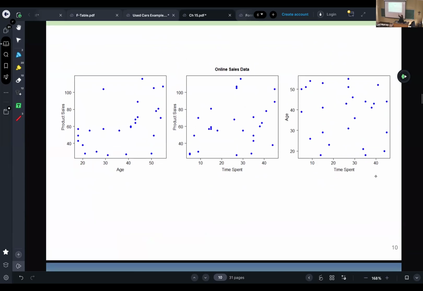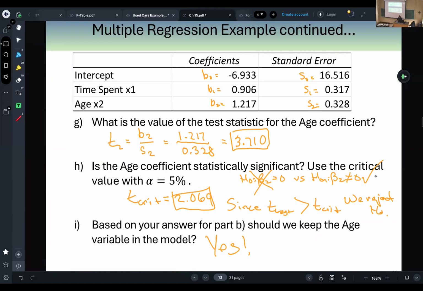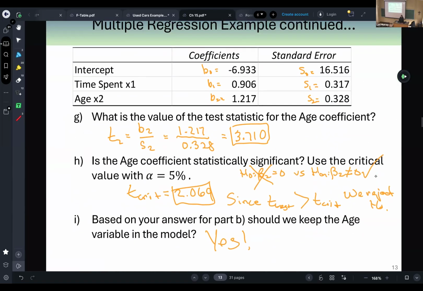Imagine having 100,000 customers. Just think of Amazon on Black Friday. Definitely need more than that. That's when you go beyond the Excel sheet, then you need Python.